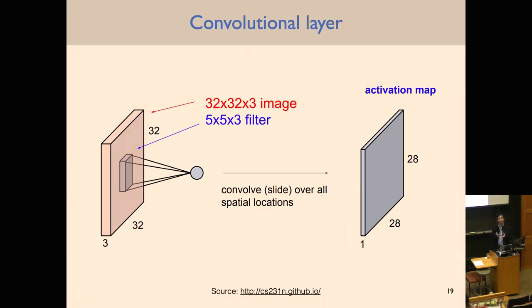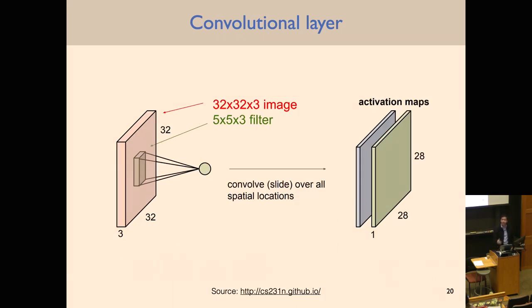We're just taking this 5 by 5 by 3 patch and placing it wherever the image actually exists. So we lose some dimension: we went from 32 by 32 to 28 by 28. And this thing is called an activation map. It's the array that you get after you do this convolution operation.